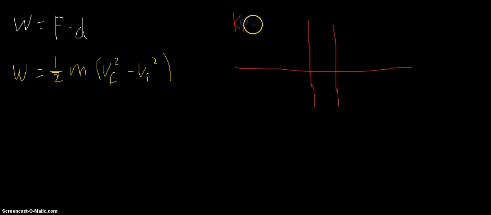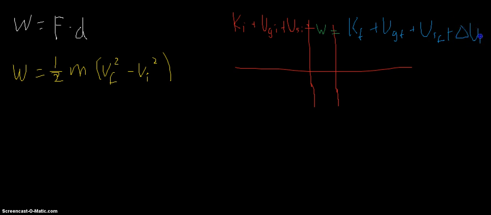So basically, K_i plus U_G,i plus U_S,i plus work equals K_f plus U_G,f plus U_S,f plus delta U_int.